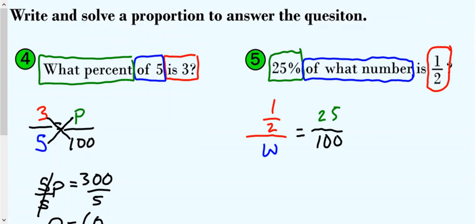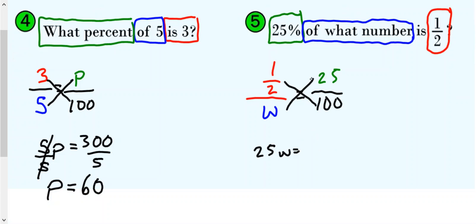Alright, 25% of what number is 1/2? So our is 1/2. What number, so our whole is our unknown, and then we have 25% or 25 over 100. And now we can cross multiply to solve for w.